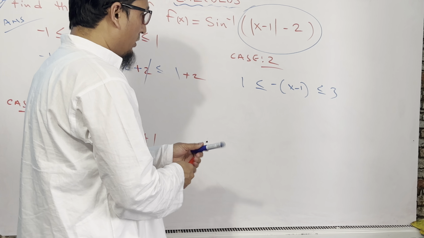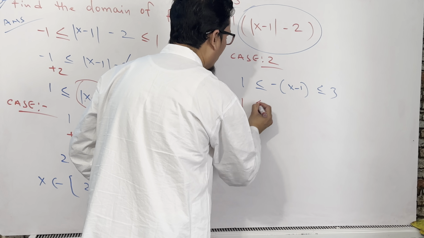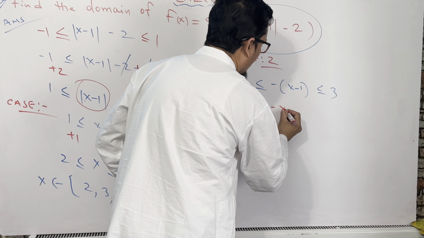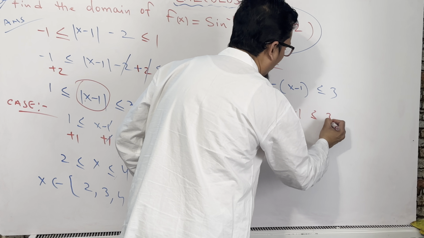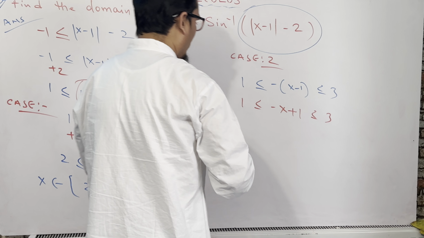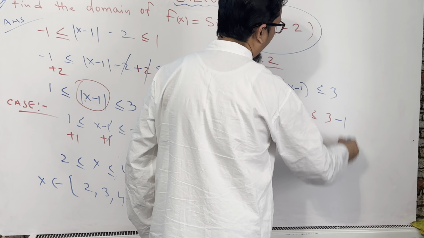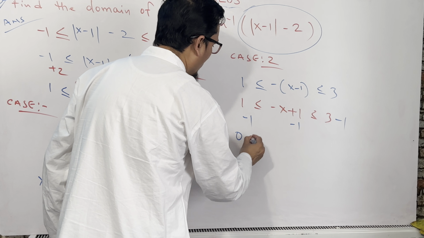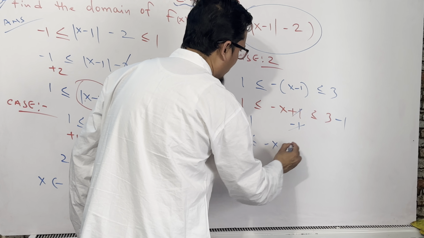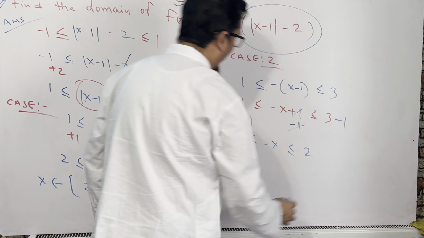Okay, so this is 1, this is minus x plus 1, and this is 3. So here plus 1, you have to say minus 1 here, minus 1 here, minus 1 here. So 1 minus 1 is 0. This one cancels, you have minus x, and this is 3 minus 1, which is 2, right?